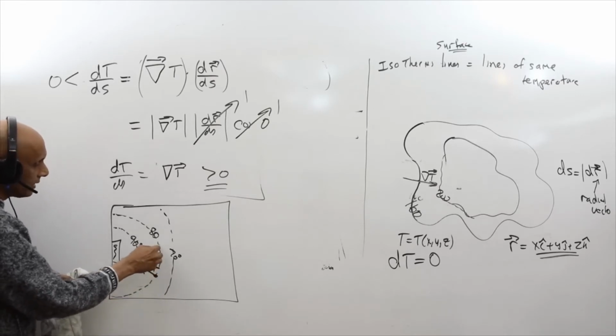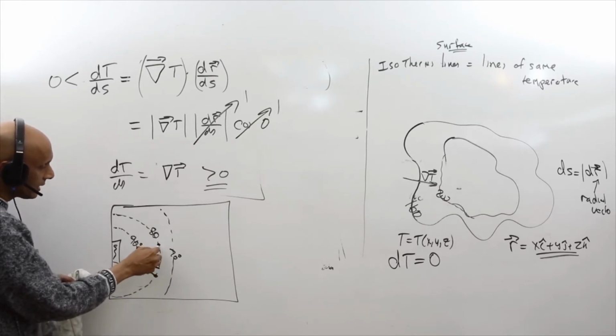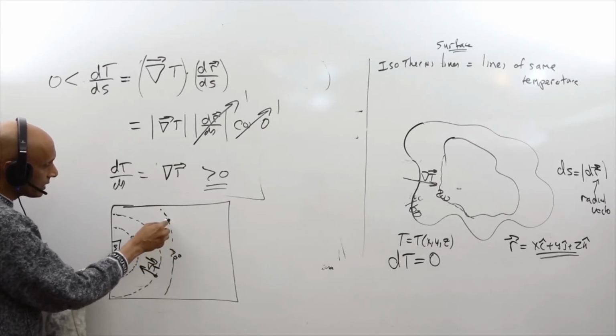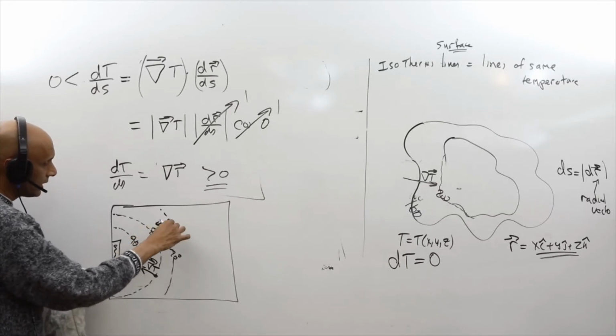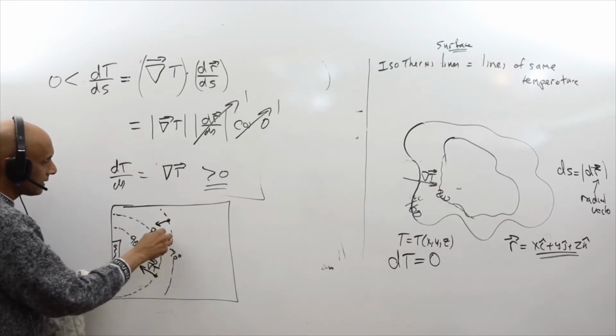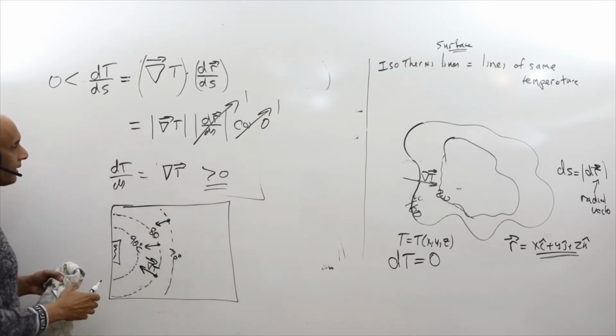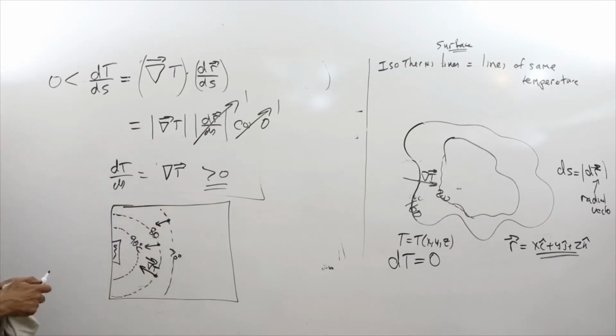So what is the gradient of T at this point? It'll be going towards the increasing temperature. How about this point? Well, it's perpendicular to the surface line and it's going towards the increasing 80. So we can actually draw these gradient lines. So the gradient of a scalar field points in the direction of increasing values of the scalar function when crossing level surfaces.